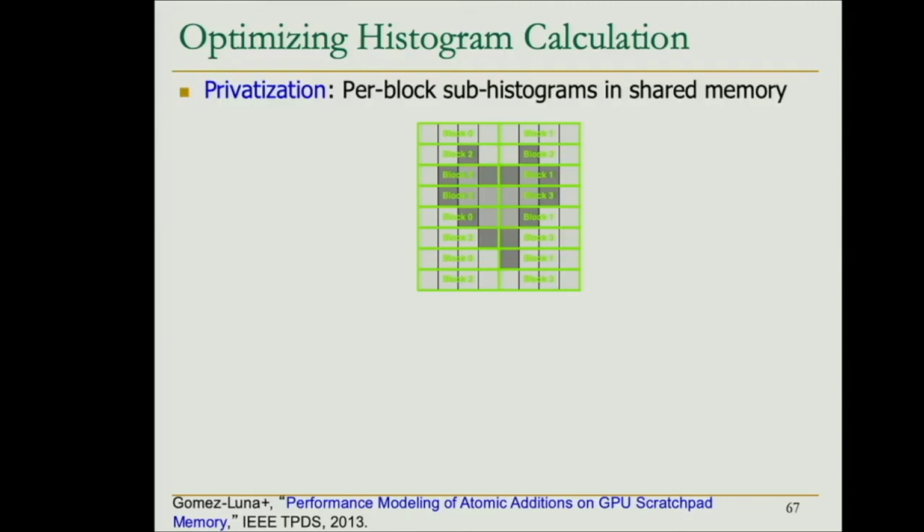But the problem here is that this frontier will typically be a queue, and if I want to enqueue a new vertex into the frontier, I will have to update an atomic variable so that I get a new index to enqueue in the queue.